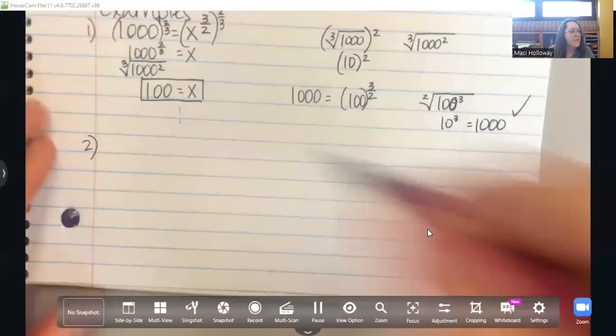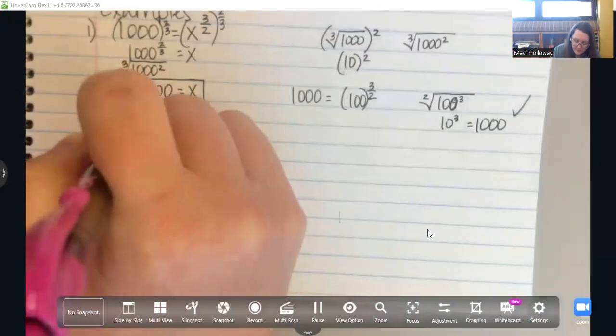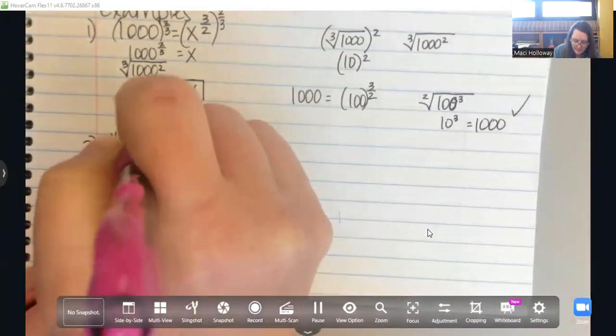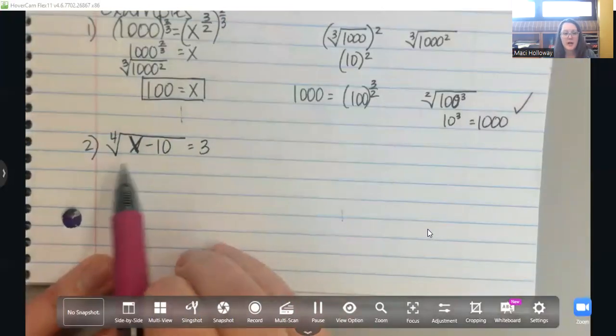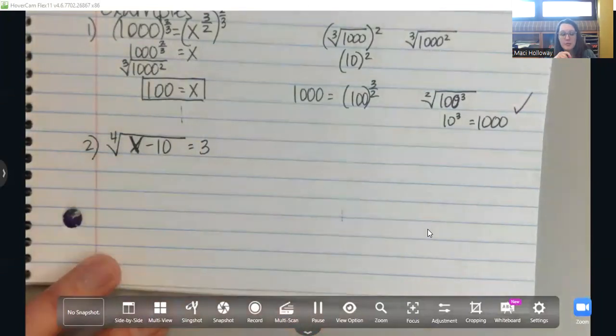Number 2. Let's do this one: the 4th root of x minus 10 equals 3. I want to isolate my radical first, which we did, and I'm going to raise it to the inverse power.